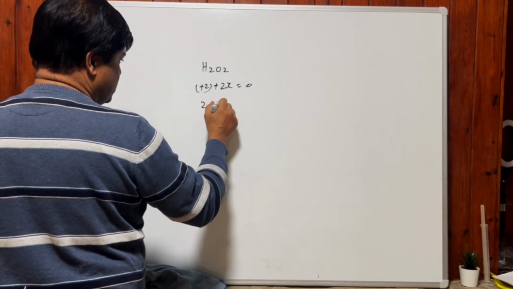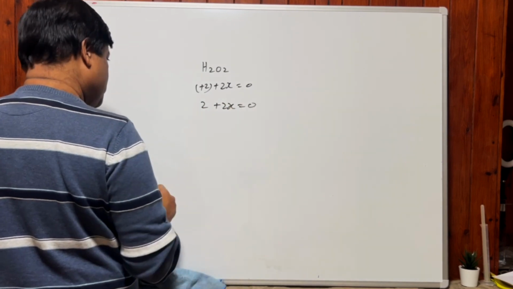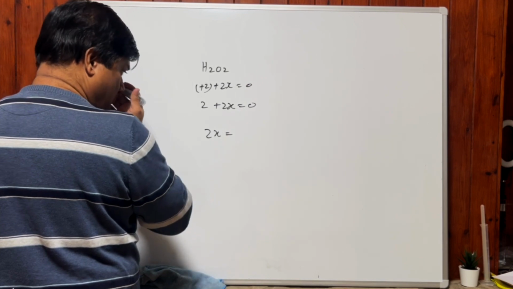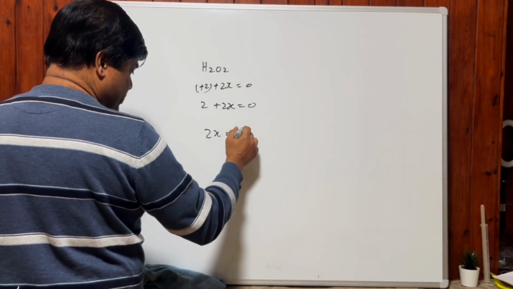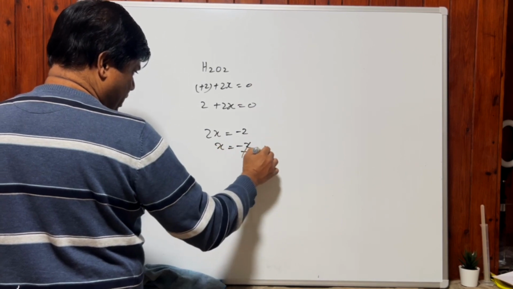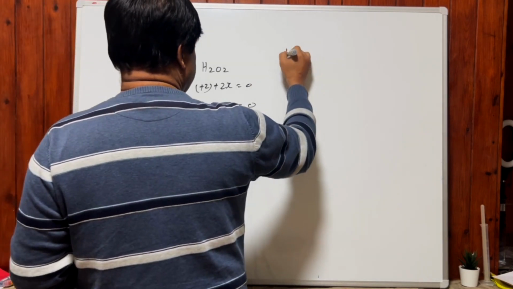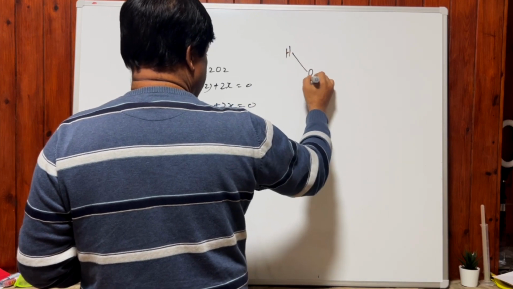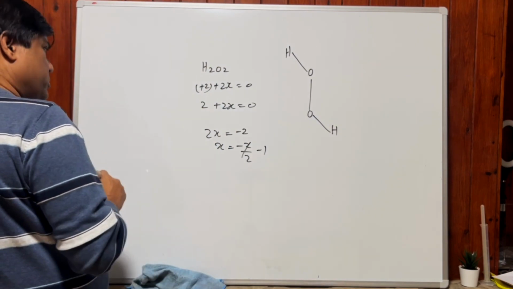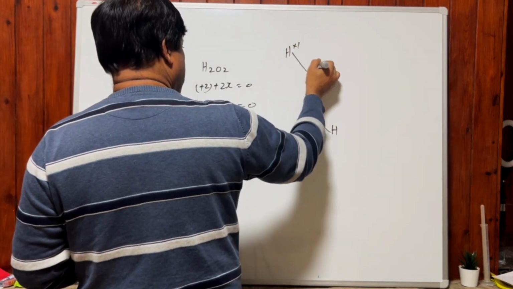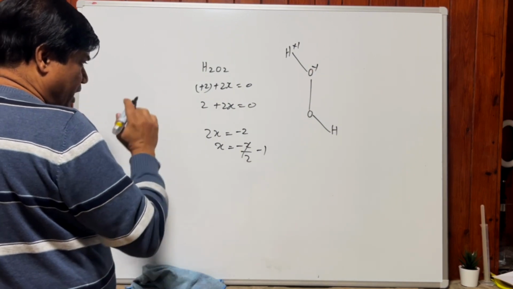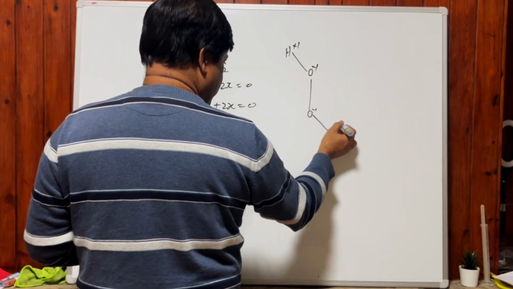So 2 plus 2x equals 0, 2x equals minus 2, x equals minus 2 over 2, so minus 1. Let's draw the structure of hydrogen peroxide. It's just like an open book shape. Plus 1, minus 1. So each oxygen has minus 1 oxidation state. Minus 1, plus 1.